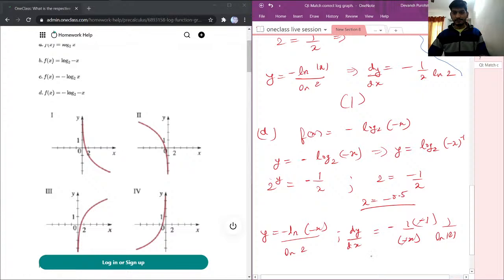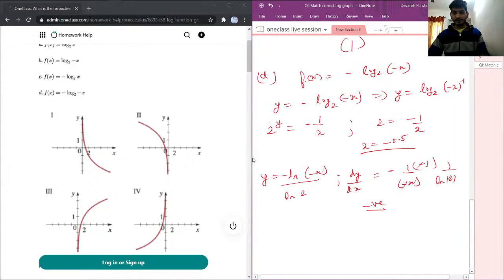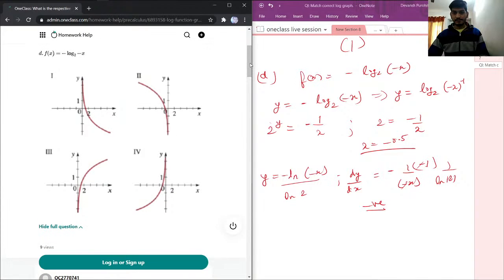This and this will get cancelled and we have a negative slope. So for negative slope we have this, and for positive y we have negative x. So for D, graph will be 2.